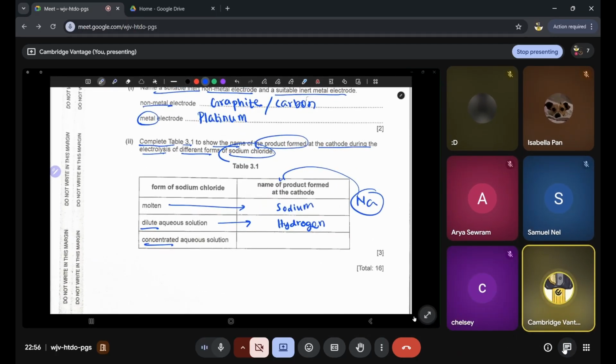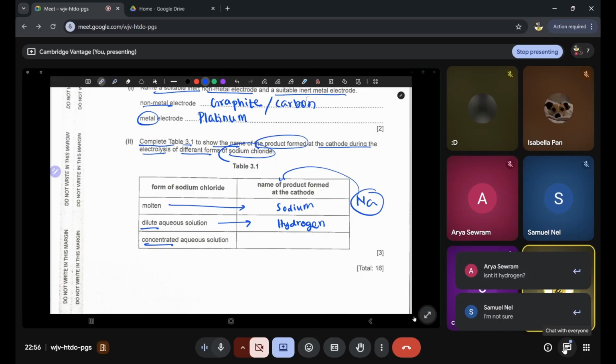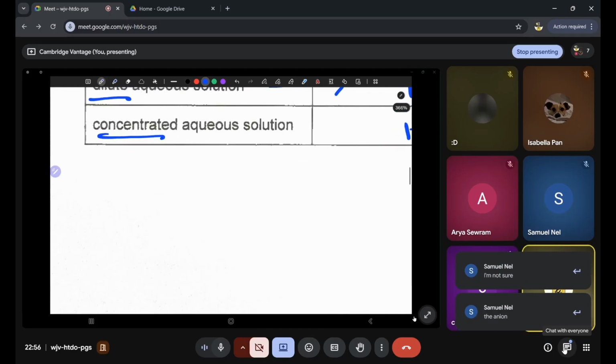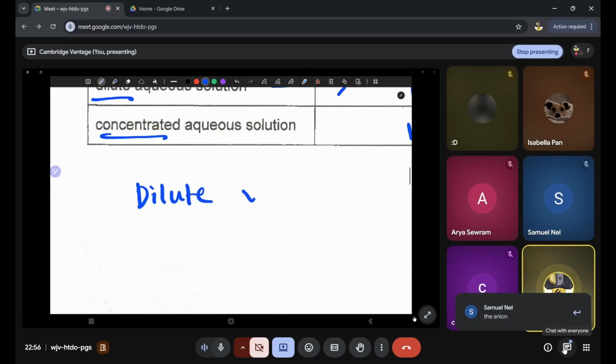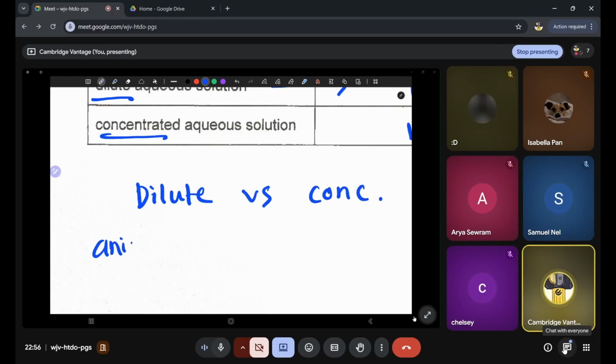Samuel, if concentrated sodium chloride is electrolyzed, should it be sodium? Does the concentration affect the cation or does it affect the anion? Yeah, Arya, you are correct. It should be hydrogen. Okay, here's the thing. Dilute versus concentrated is a factor for anions.